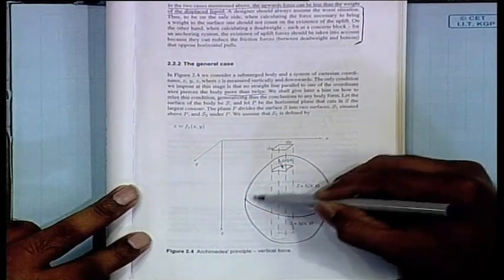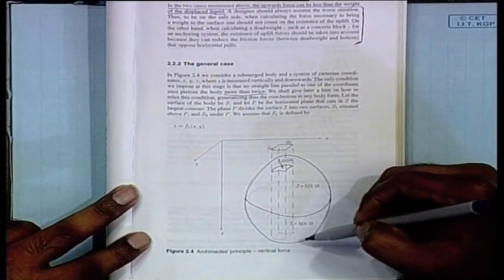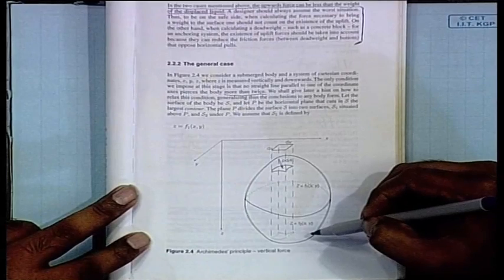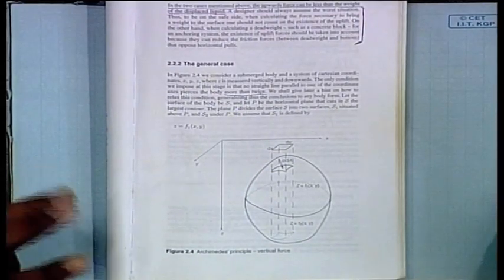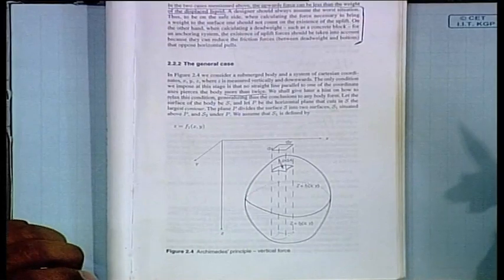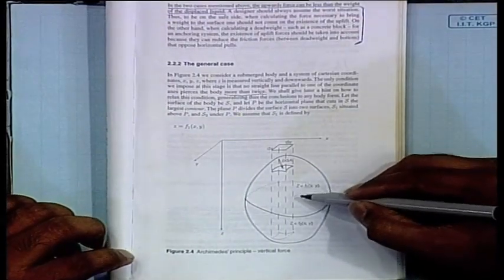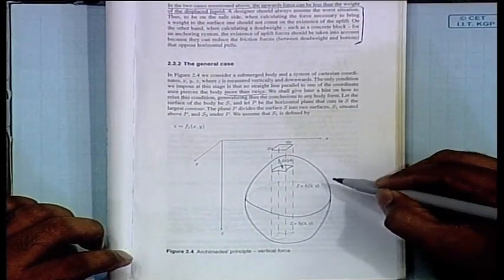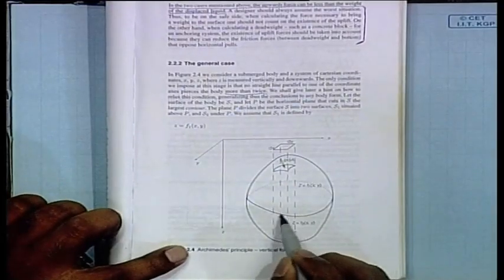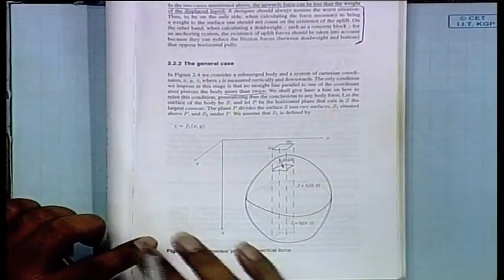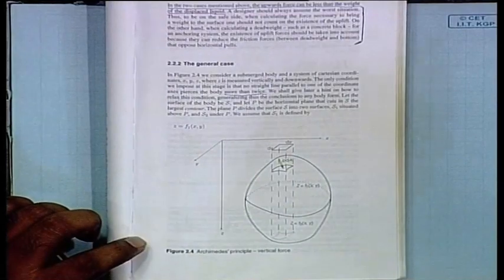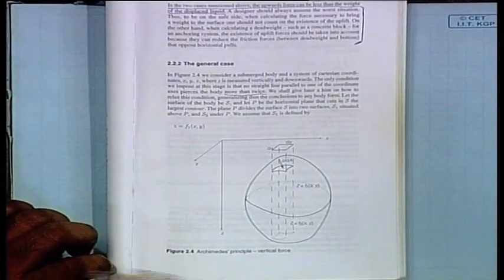Now, suppose there is a body like this, a whole body and an irregular body. Let us assume that this body is given by these following equations. The middle is where the water line is. This line you see here, this is the middle, that is where the water line is lying, the water plane. So, it is a plane.